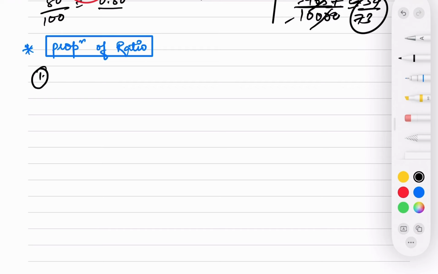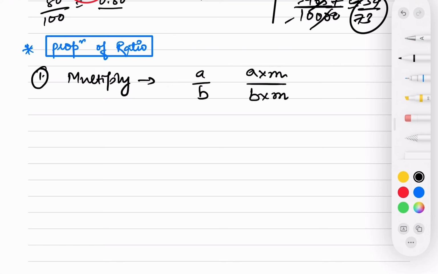The first property is, let's say it talks about multiplication: when you multiply any number to the ratio, it is unchanged. Nothing but if you have a by b and you multiply by some constant and you multiply the denominator with the same constant, it is again the same thing only, correct?